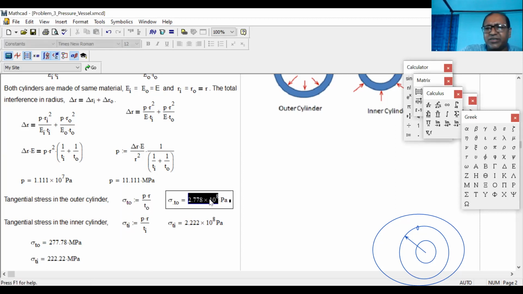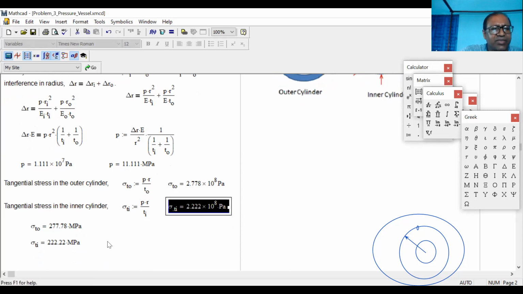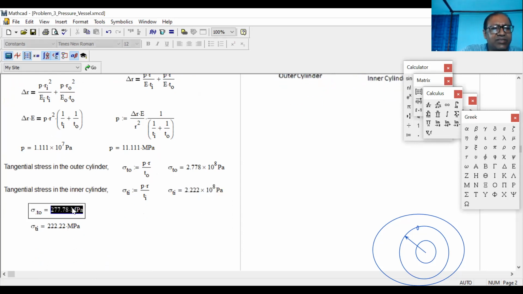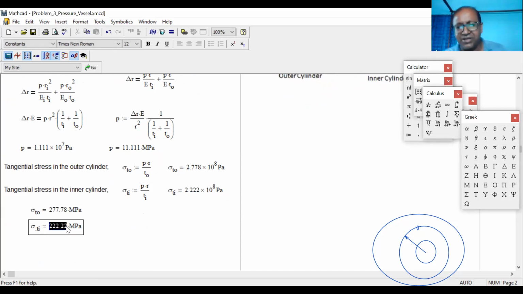So we got this. This is the stress on the outer cylinder, and this is the stress in the inner cylinder. Remember, this stress is not due to fluid pressure; it is due to the interference and the contact pressure.